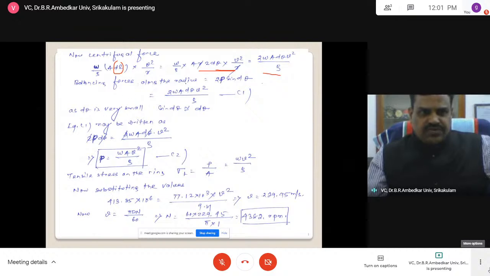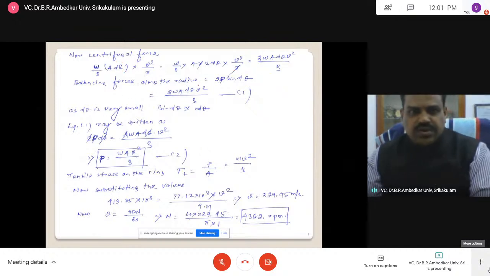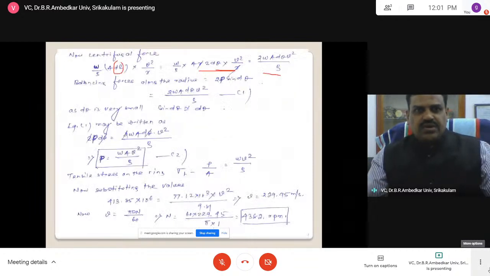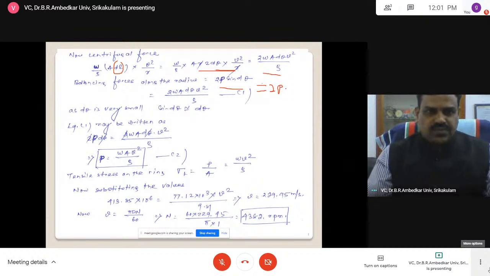And the resisting force along is 2P. 2P is this. P sin theta and P cos theta, P cos theta, P sin theta, 2P sin theta. This is the 2P sin theta. Now equate for small angles, it is equal to 2P into d theta. Okay, equate these two, the external force and the centrifugal force.